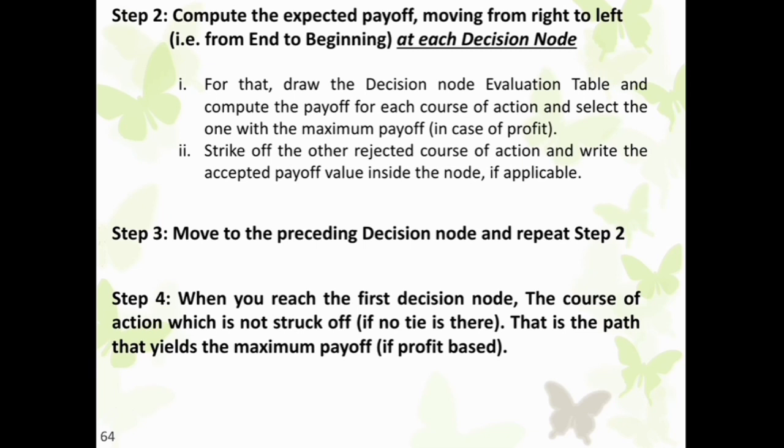Under that, the first step will be to draw the decision node evaluation table for each decision node. When we solve the problem, it will be more clear to you how to draw a decision node evaluation table and how to compute the payoff. And it must be well understood by you now that in case of profit, we are looking for maximum payoff.